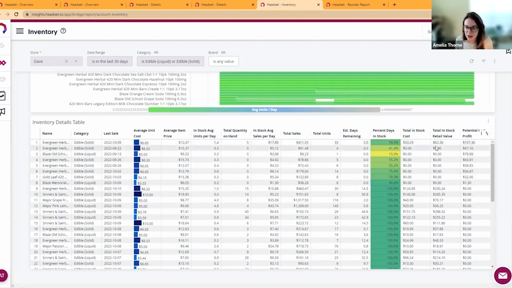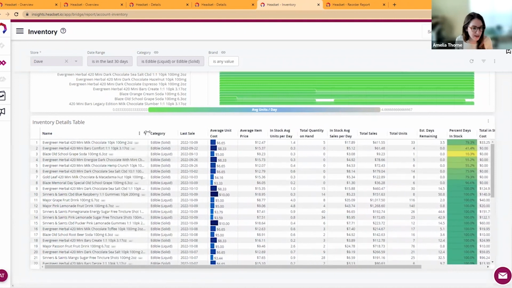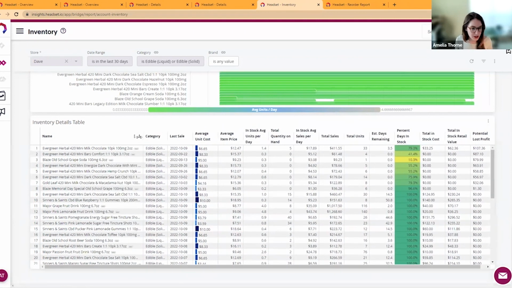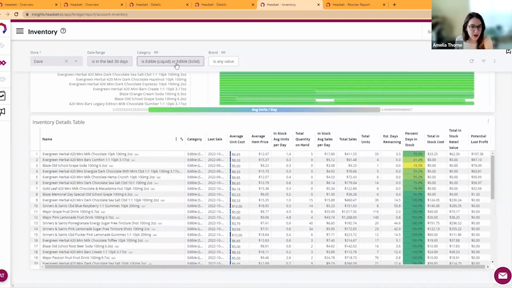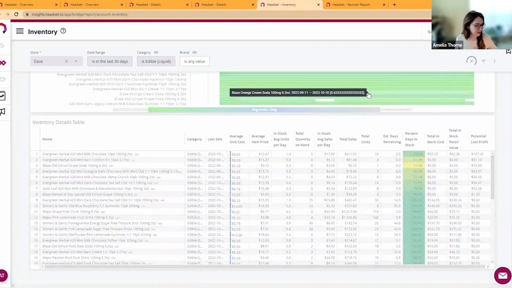Now looking at this, because beverages are at a lower price point, these potential lost profits might not be as huge. But looking at this, this top product here, this Evergreen Herbal 420 mini milk chocolate, this is a solid edible. What I want to do actually is remove the solid. Let's just look at beverages.